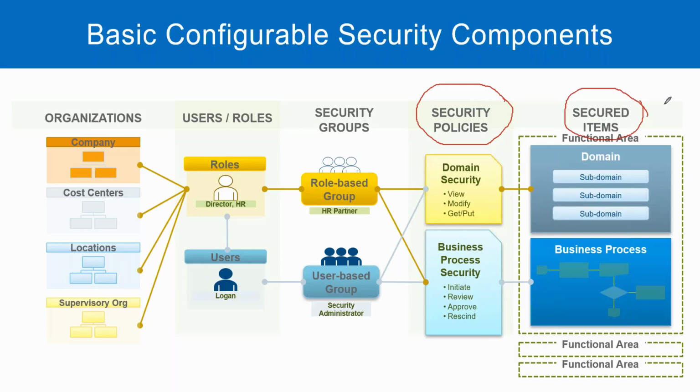So all the supervisory organizations are grouped together as a secured item, and we call that a domain and a subdomain. So we will group them together into domains. And for those domains, we have some permissions.